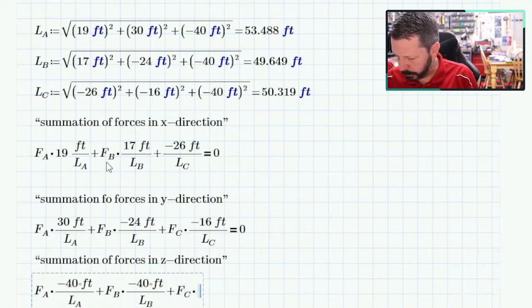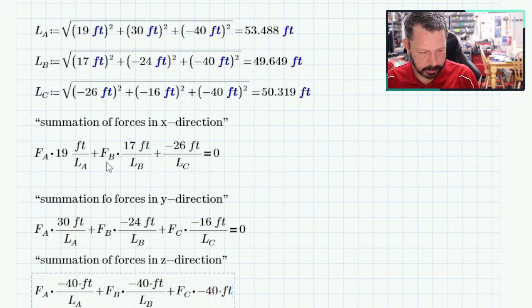And this one will be the one that's different, because they don't add to 0. They need to add to the force from the balloon, or else the balloon is moving up or down.